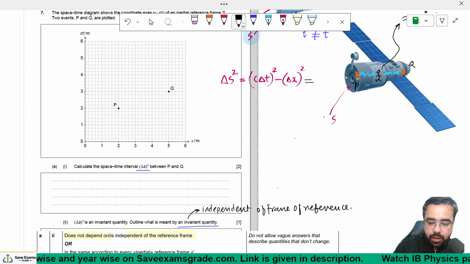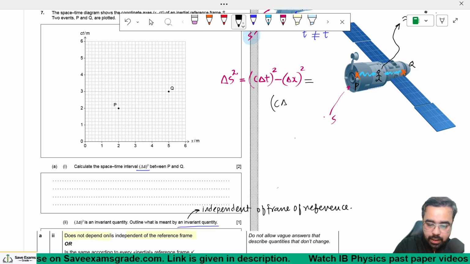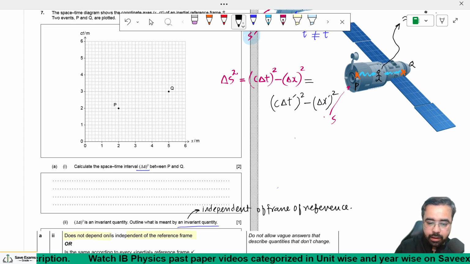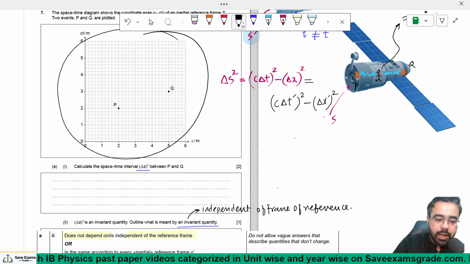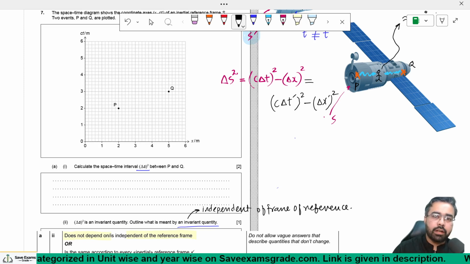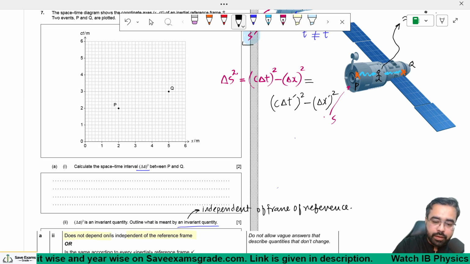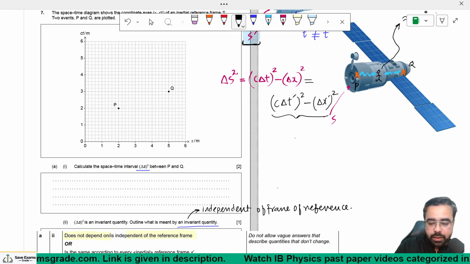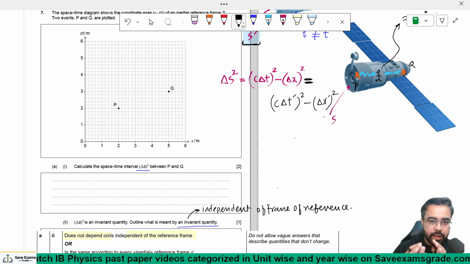If this will be equal to c delta t prime square minus delta x prime square, meaning that if in the same space-time diagram I draw the space-time diagram for the S prime frame of reference, the other frame of reference, and I find their values, then they should be equal to each other, then we can prove that it is invariant.